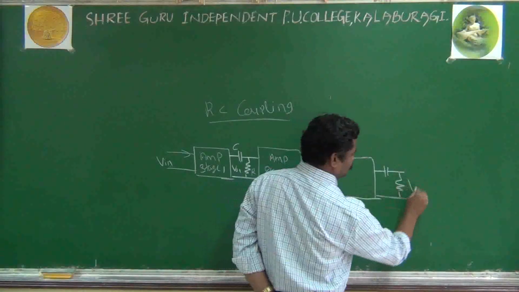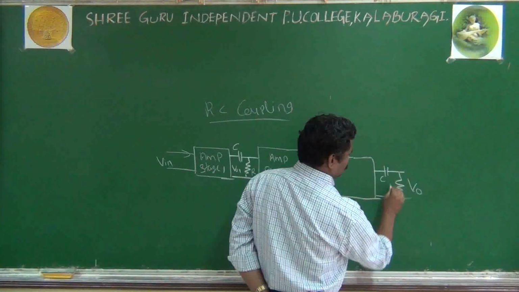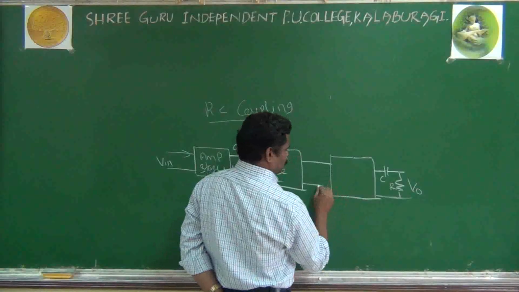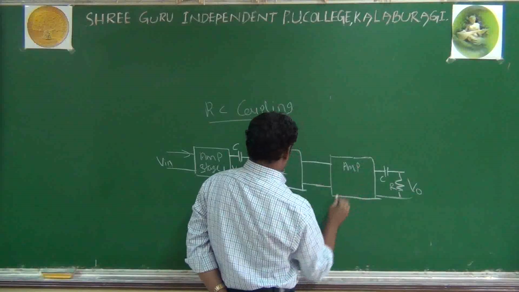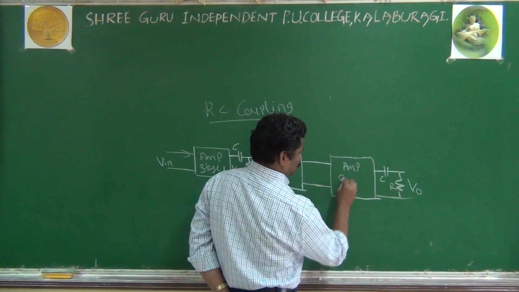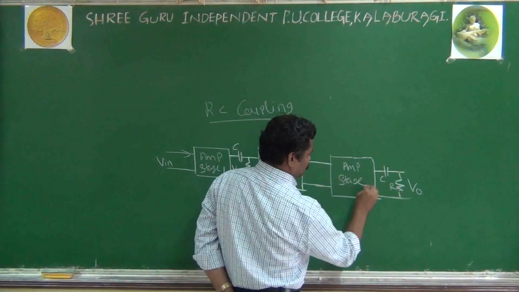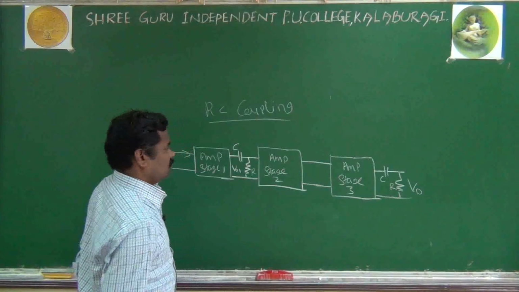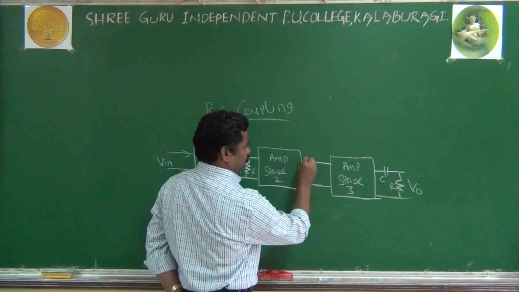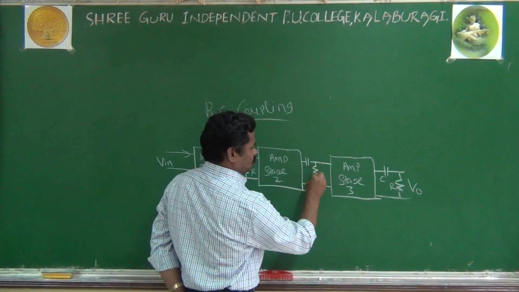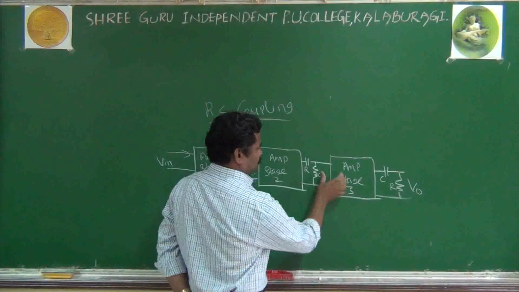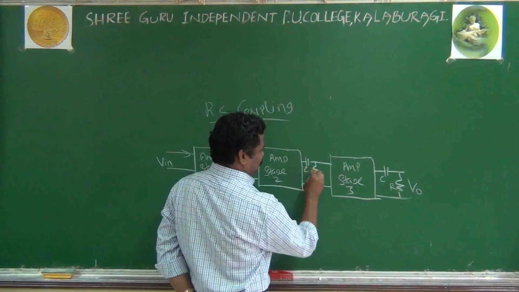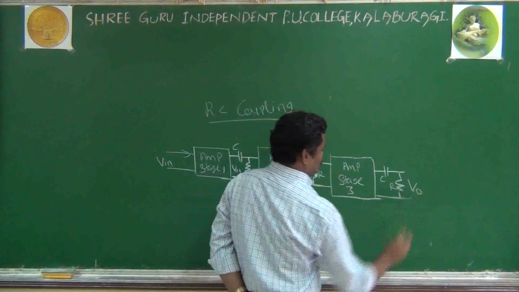This is nothing but your amplifier third stage, stage 3. And here also you are using a capacitor and a resistor.